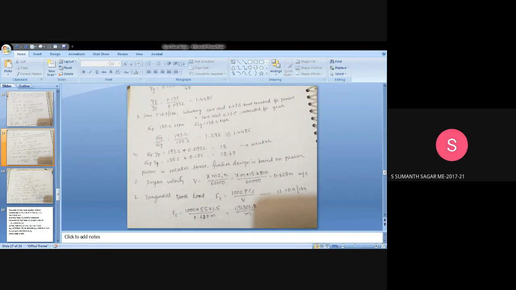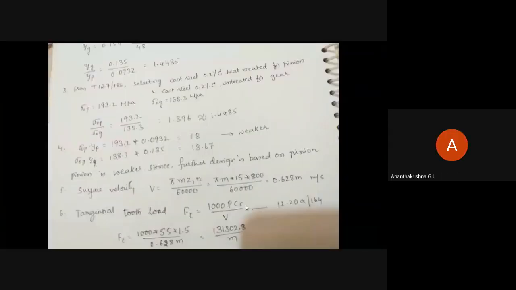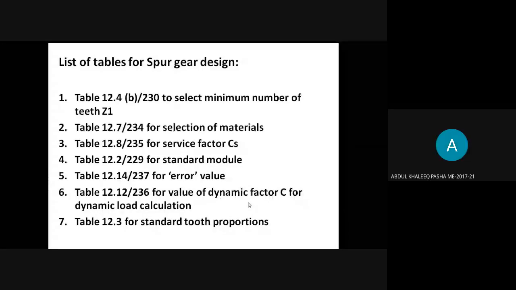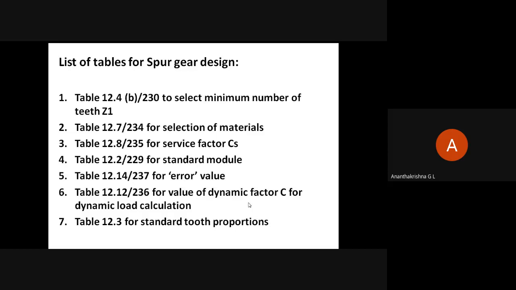Can you repeat how you took the service factor? Service factor is 1.5. For that, you go to Table 12.8, page number 235. There may be light shock, heavy shock, medium shock, and so on, as the type of load. In the middle column, you have 8 to 10 hours of operation per day.